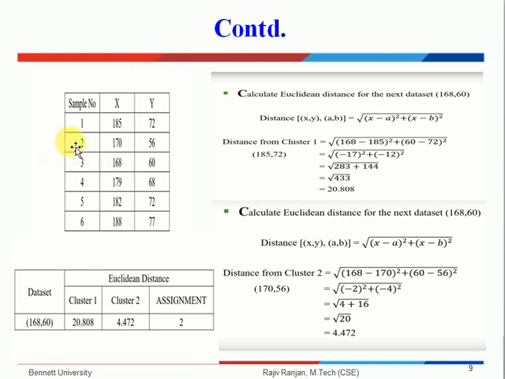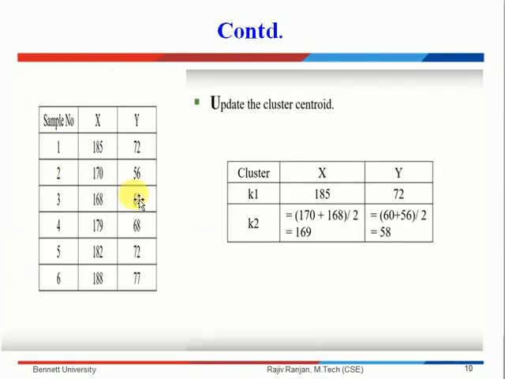So we have to update the centroid value, that is the mean value. The centroid value for cluster 1 will remain 185 and 72, and for cluster 2 it will get updated, because these two data sets are combined in cluster 2.